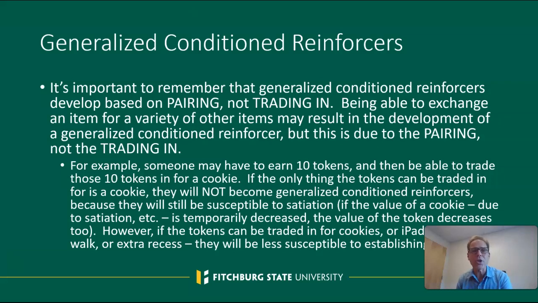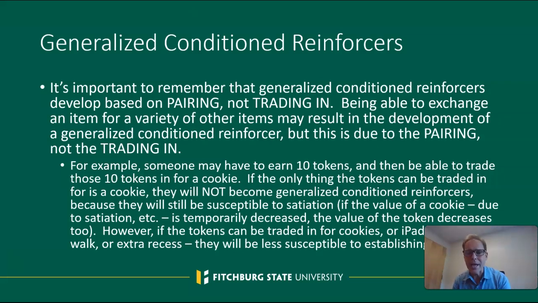Being able to exchange an item for a variety of other items may result in the development of a generalized conditioned reinforcer, but that's due to the pairing, not due to the trading in. So for example, let's take tokens, because these are one of the things that we typically conceptualize as a generalized conditioned reinforcer, but it's not always the case.